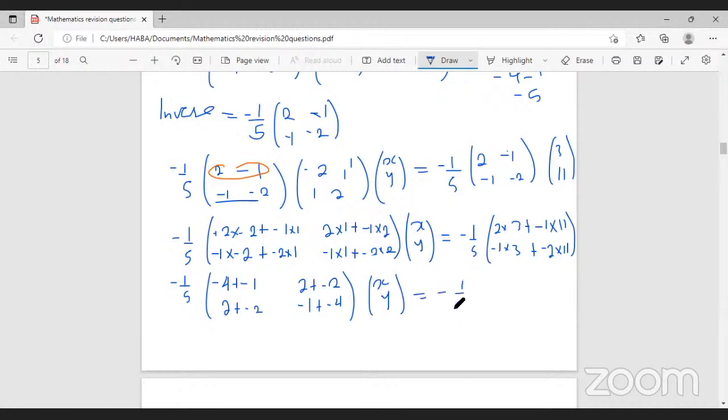Negative 1 out of 5. 2 times 3? 6. Negative 11. Negative 3. Negative 22.